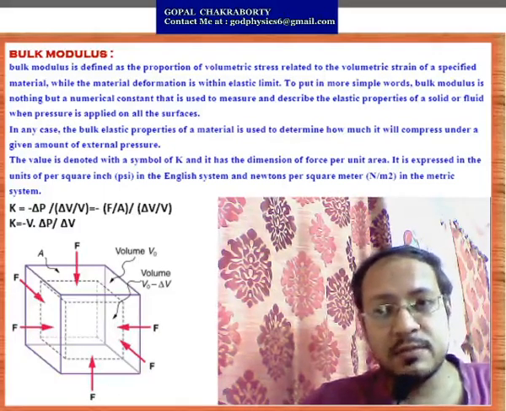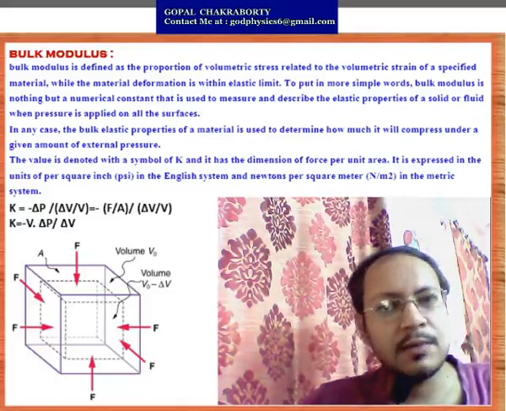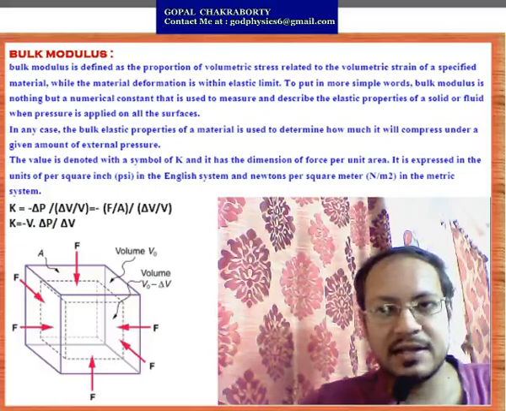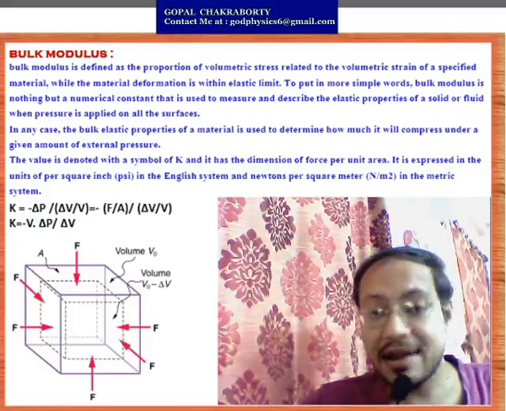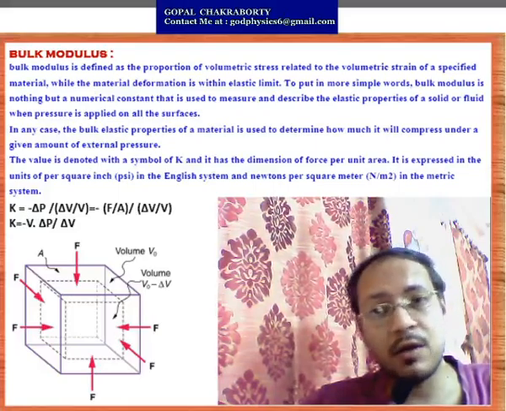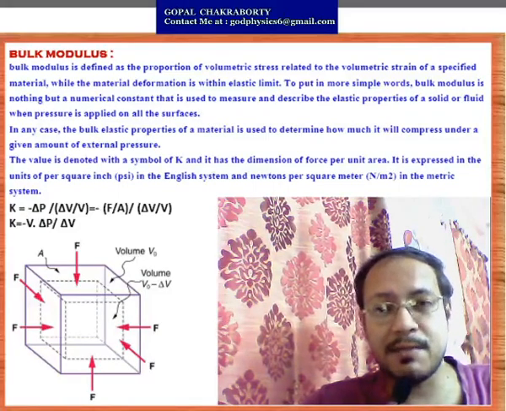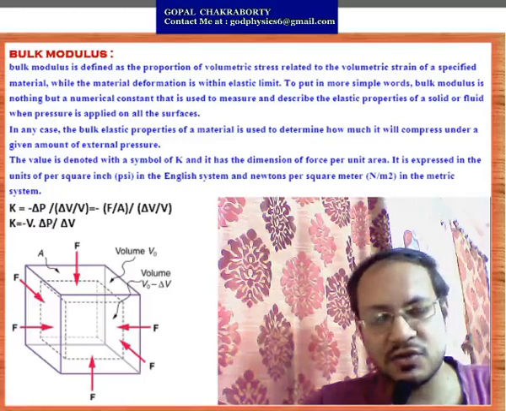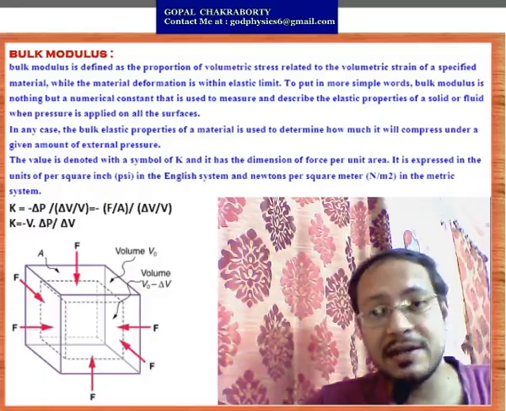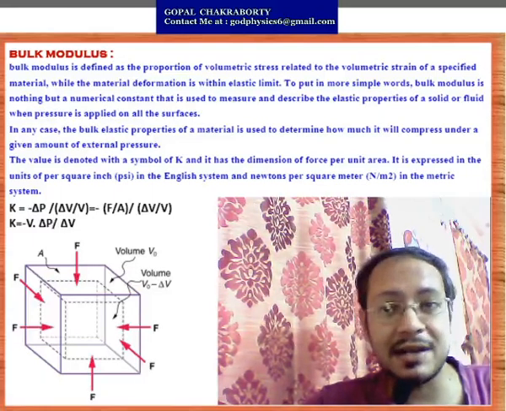In simpler words, bulk modulus is a numerical constant used to measure and describe the elastic properties of a solid or fluid when pressure is applied to all surfaces. The bulk elastic property of a material is used to determine how much it will compress under a given amount of external pressure.